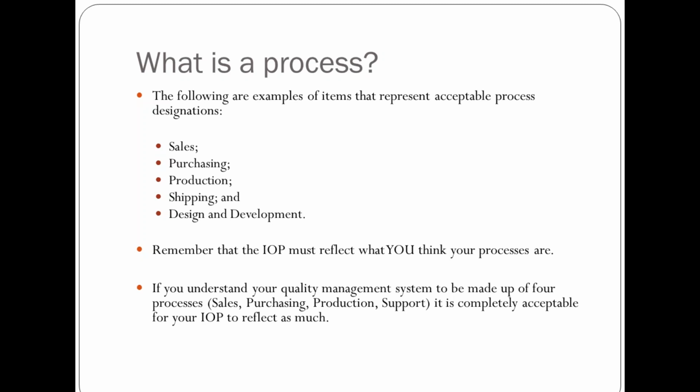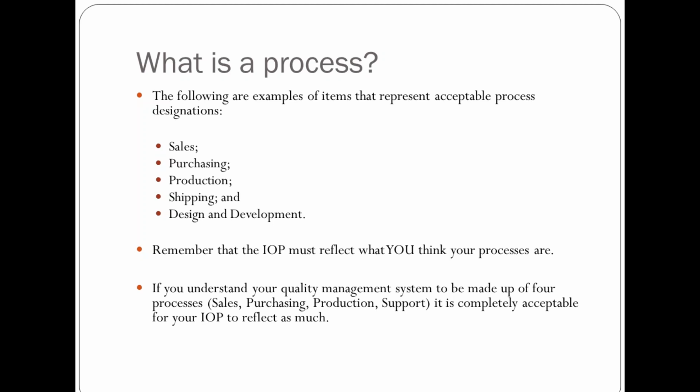Now, your IOP should always reflect what you think your processes are, what you have established your processes to be. We're going to be looking at some examples a little bit later, and you'll see where organizations have made an earnest effort to have the interaction of processes document be very personal, be very reflective of what they do.